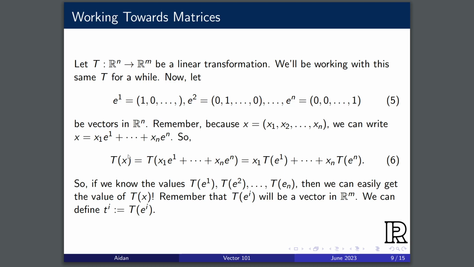And now, if you believe me that this T is linear, which I've defined it to be, then we have T of x, right? And we can write x as this linear combination of ei's. So we have T of x is equal to this linear combination.